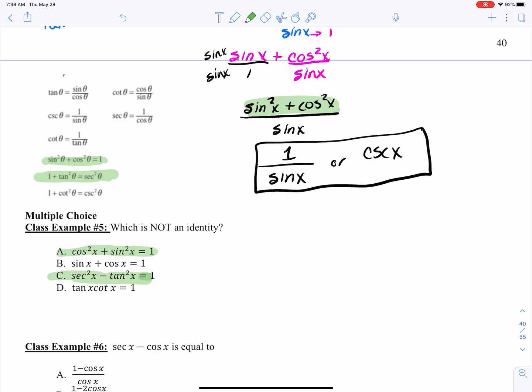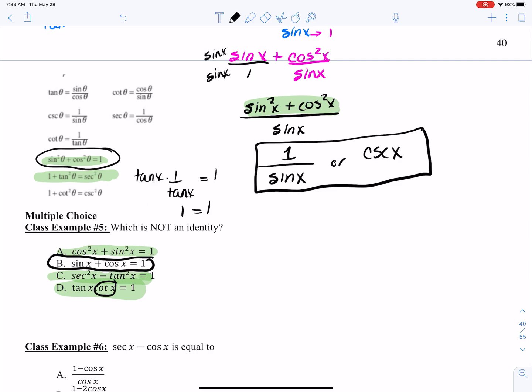And if I go tan x times cotan x, I know that cotan x is equal to 1 over tan x. And I know that's true. This is not true. Those both have to be squared in order for that to be an identity. So B is not an identity, and the rest are.